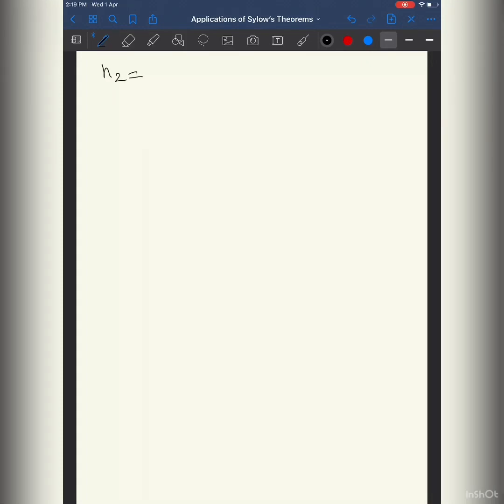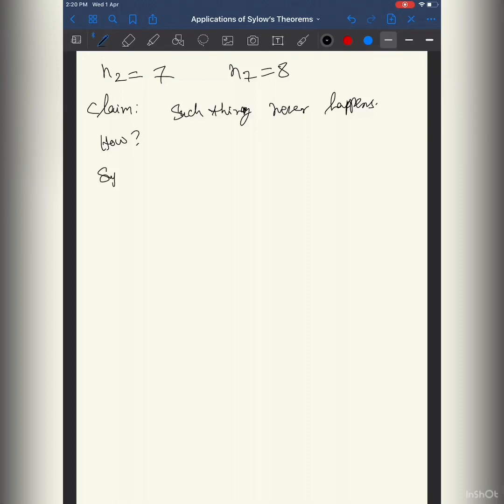But when N2 equals 7 and N7 equals 8, we are suffering. And I am claiming that such a thing never happens. How? This is how.